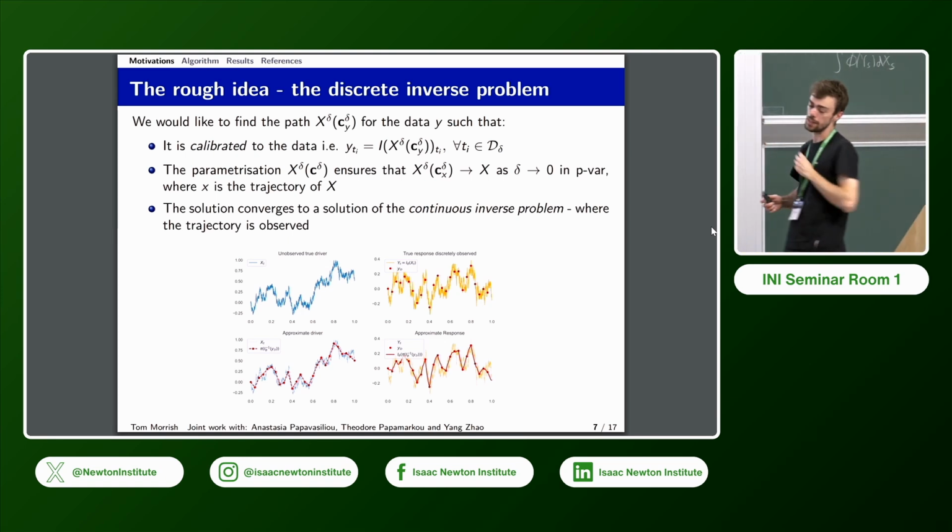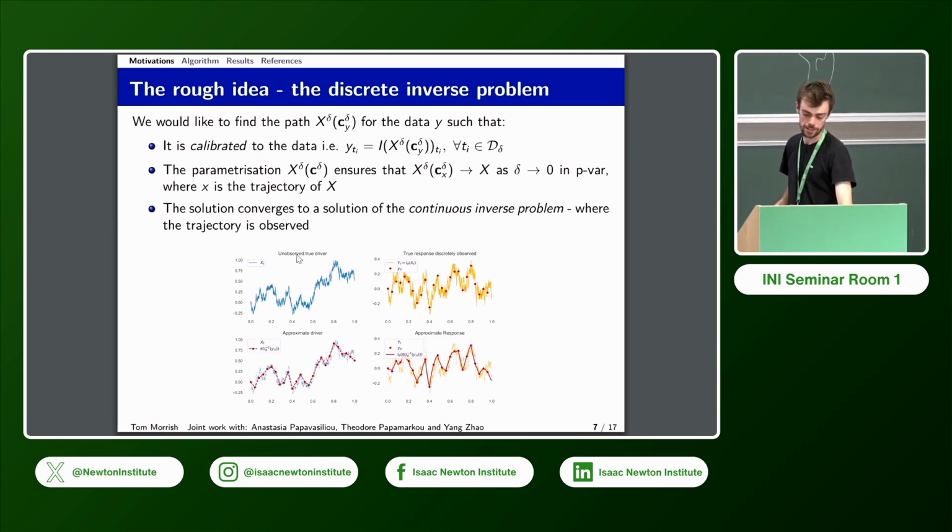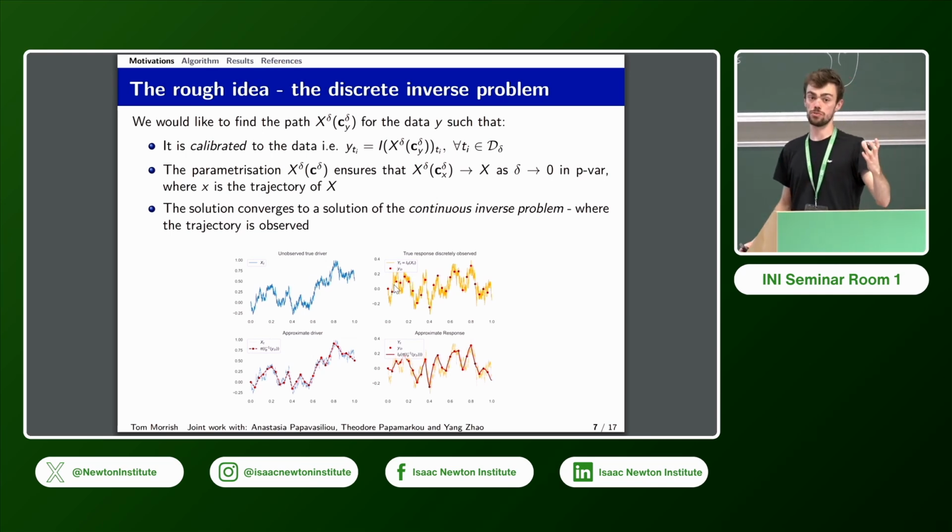Okay, so there are some pictures of what I mean there. There's some underlying real process here, xt, the true driver, that goes through this model, which we write I of theta, the Ito map. You get some response, y, that you sample discretely and potentially irregularly at these red dots.